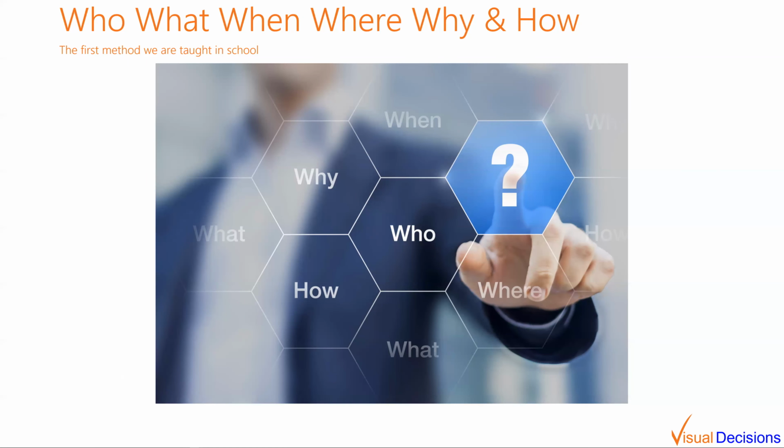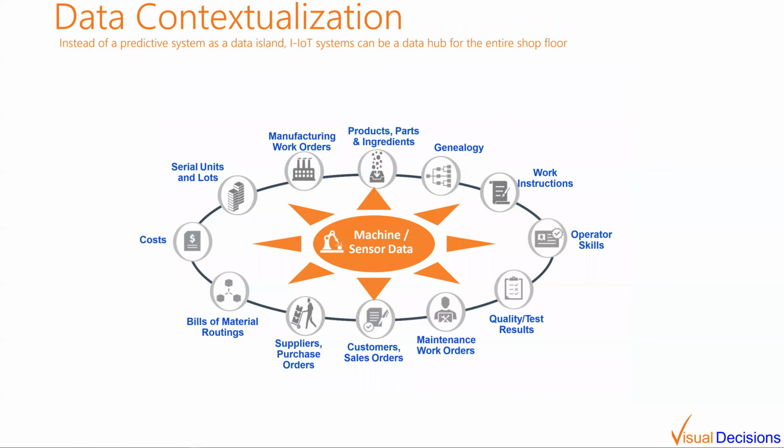And as we look at how Industry 4.0 can play into this, as we're collecting information from the process, whether that's machine data, quality data, whatever it might be, we want to make sure that we contextualize that information. So collect who's running the process, what part is being run, everything about that process as it's occurring.